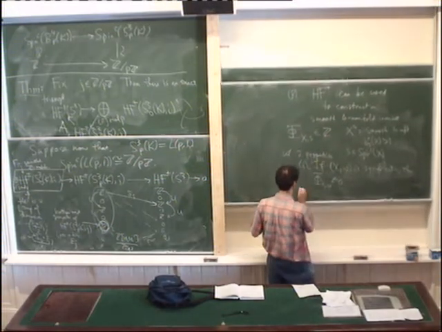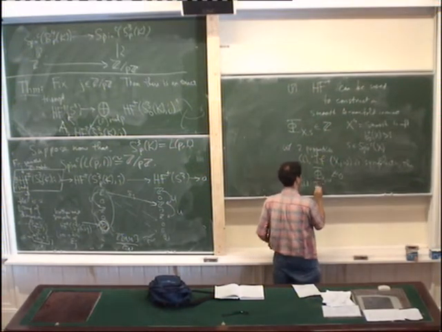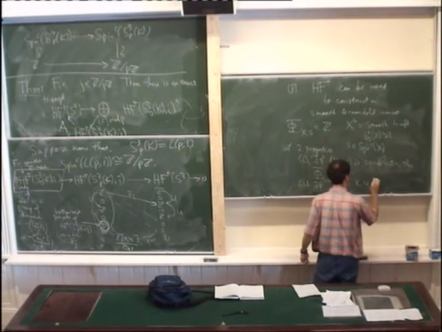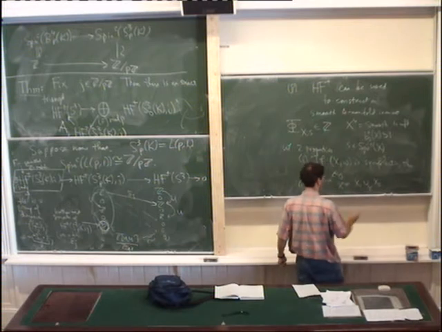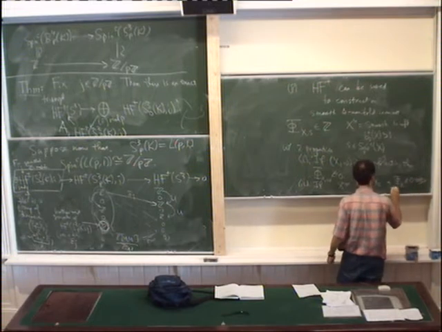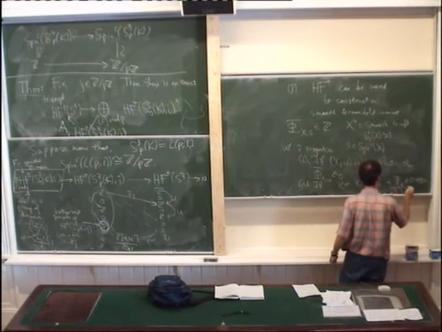And the second property is that if X is any 4-manifold which is divided in 2 by a 3-manifold, and phi of X is not 0, then the Floer homology, HF plus, of the 3-manifold is also non-zero.